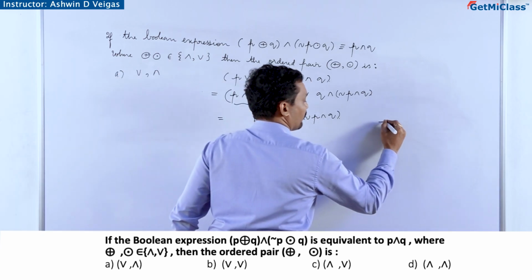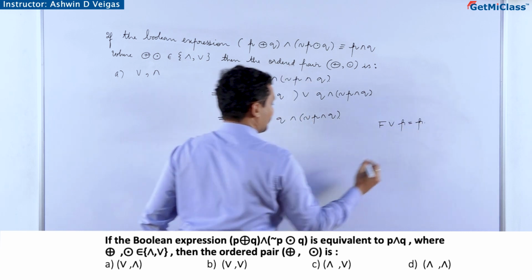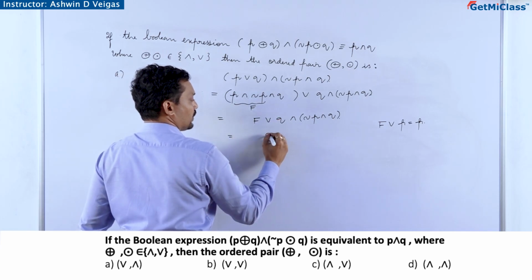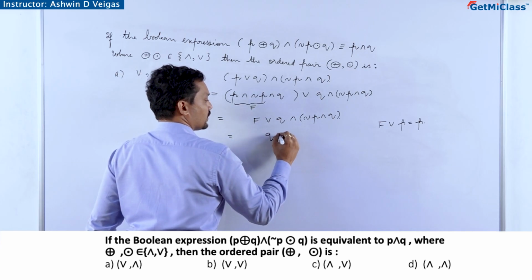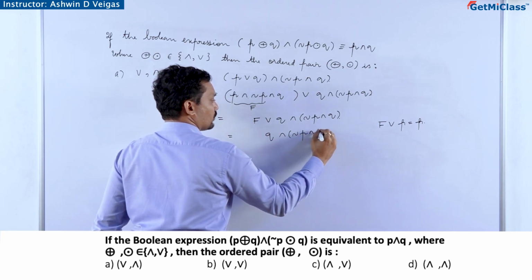See this, fallacy or P will always be equal to P itself. Therefore, fallacy or Q will be equal to Q itself. So this is Q and negation of P and Q.